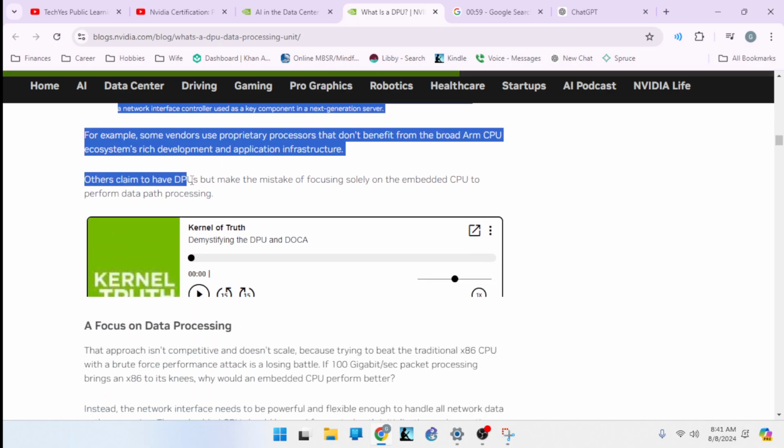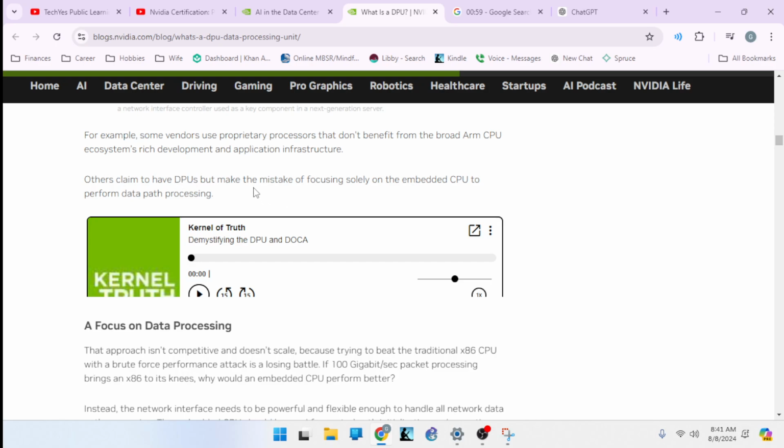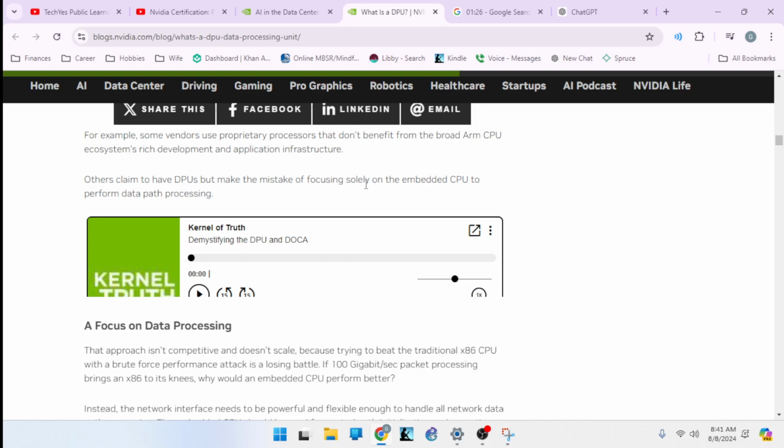Others claim to have DPUs, but make the mistake of focusing solely on the embedded CPU to perform data path processing.